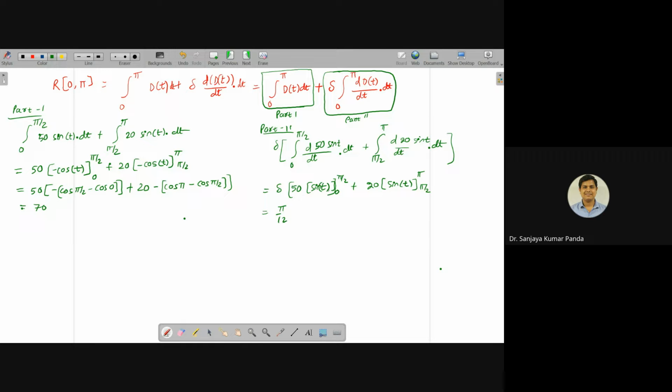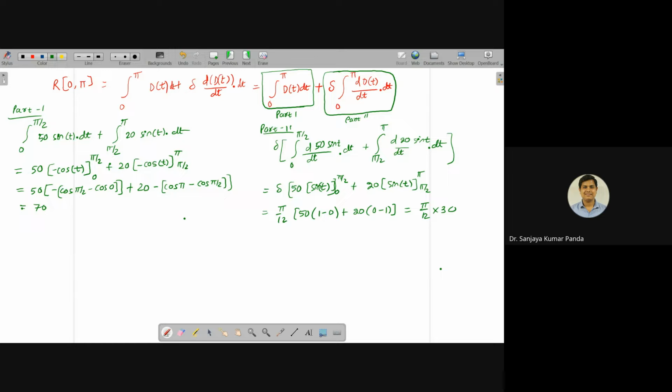So if you put this in, that is sin pi by 2 minus sin 0, so you will get here 50 times 1 minus 0, plus 20 times 0 minus 1. So how much you will get? 50 minus 20. So it is equal to pi by 12 into 30.